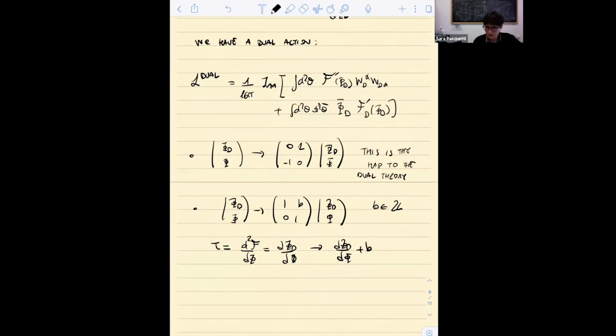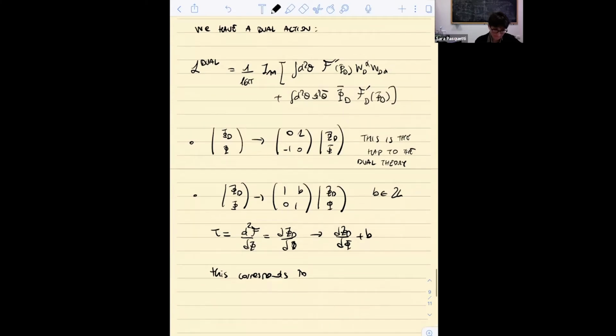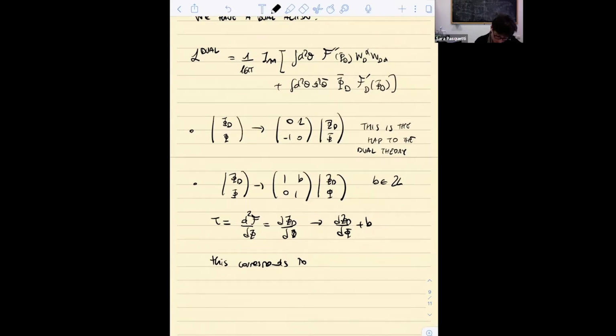So if I shift the coupling by a real integer, this corresponds to a shift. Remember, the imaginary part of the coupling multiplies the topological term, so this corresponds to a shift of the F F tilde term.